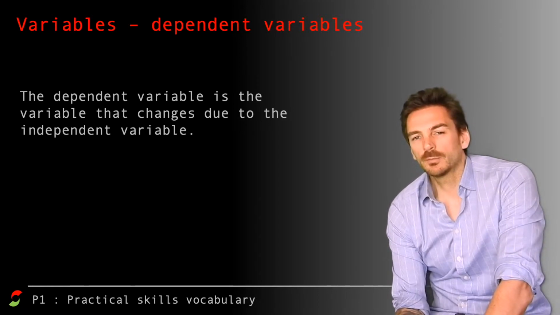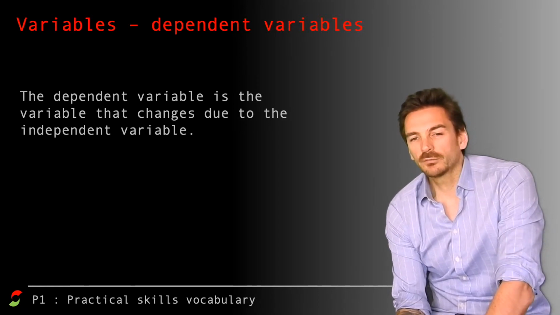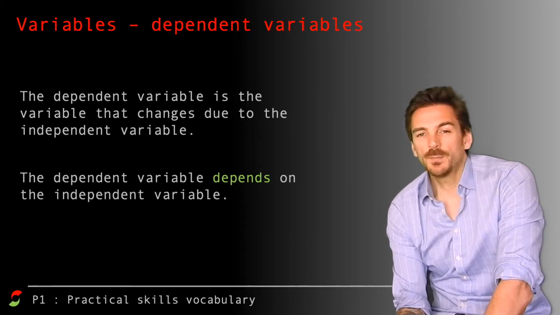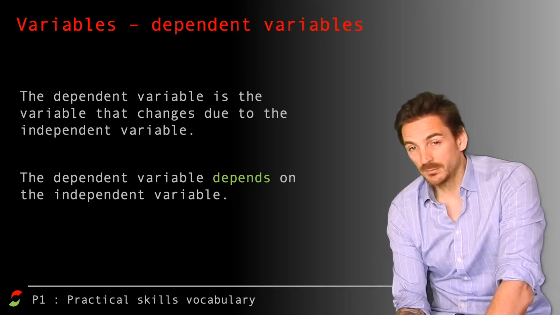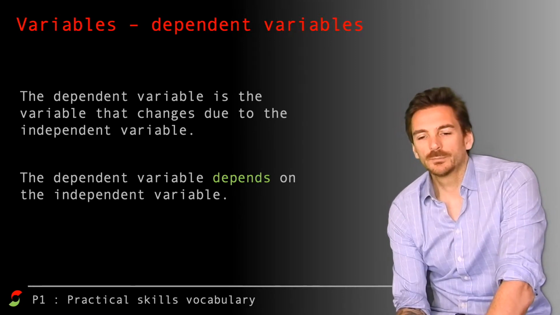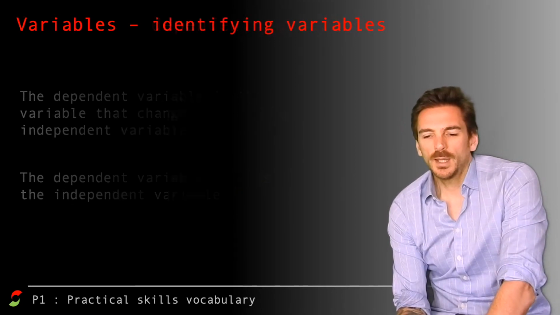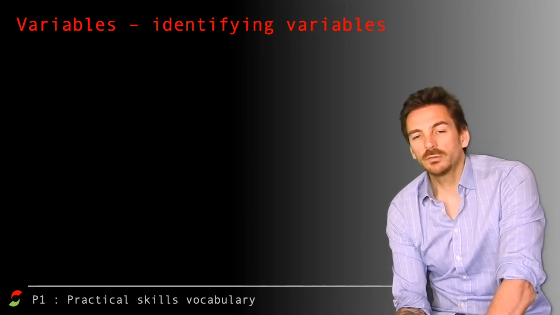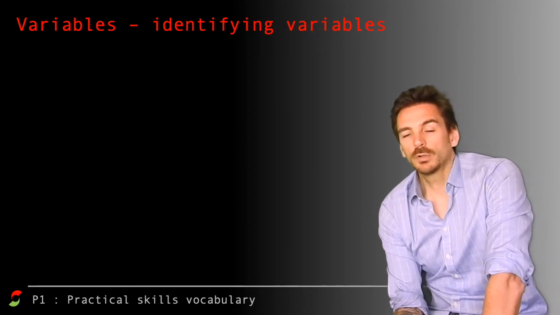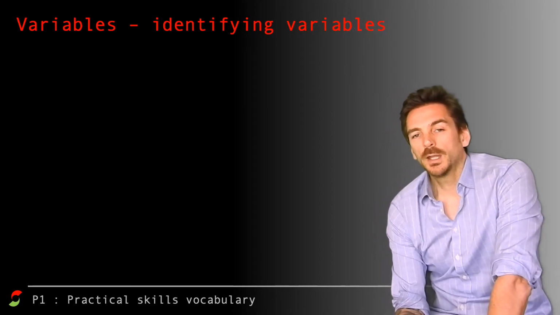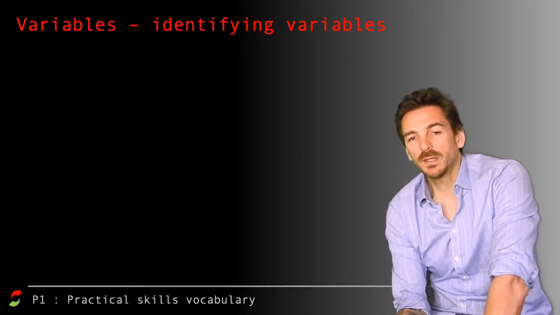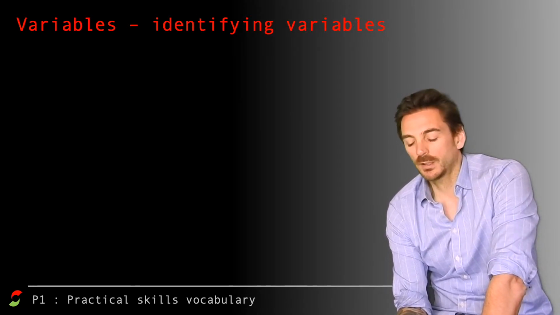So the dependent variables change because of the changes that the scientists have made. If you like, the dependent variables depend on the independent variable. There's a lot of dependent and independent going on there, but it's useful to look at a few practical headings and questions to see if you can identify which ones would be the independent and which would be the dependent variables.